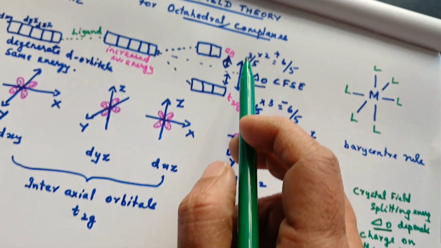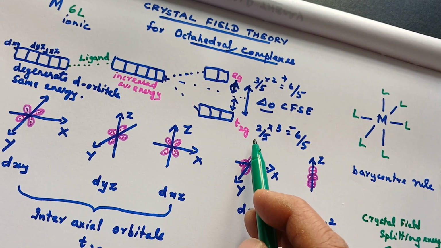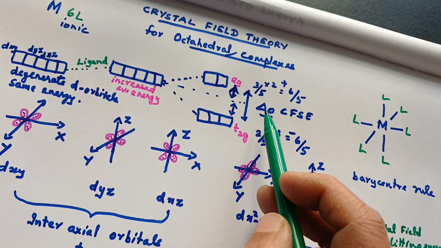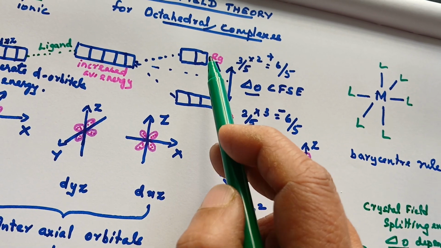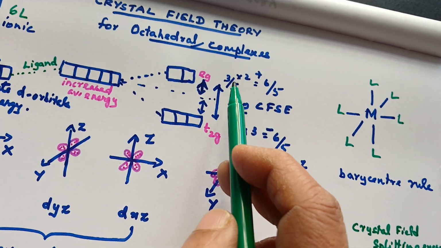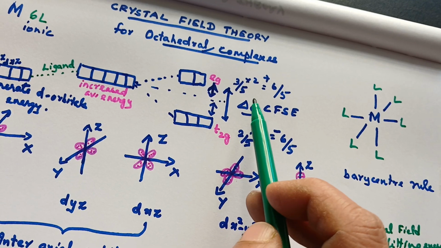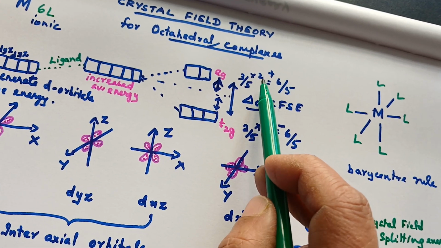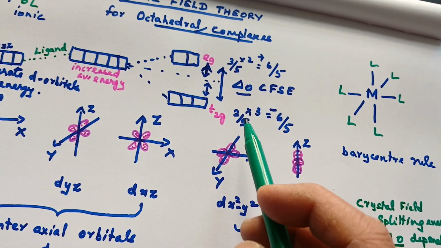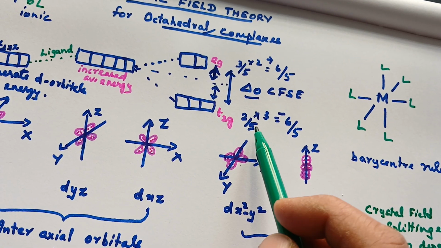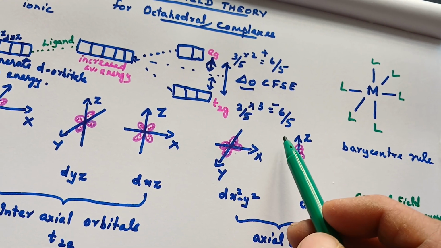Then we have the CFSE, the crystal field splitting energy, the difference between the Eg and T2g groups, represented as delta O for octahedral complexes. Now the Eg group has a positive or higher energy, each orbital being assigned 3 by 5 delta O. So with two orbitals, that becomes 6 by 5, and T2g are assigned a value of 2 by 5 of delta O. So that into 3 orbitals gives minus 6 by 5.